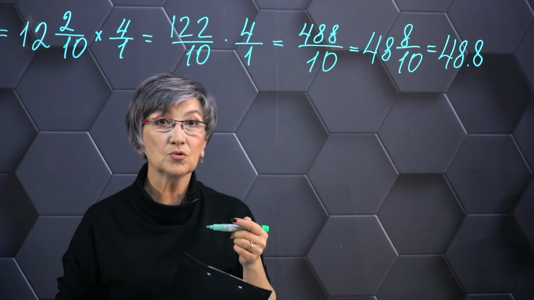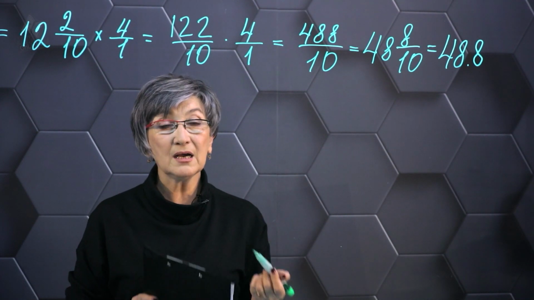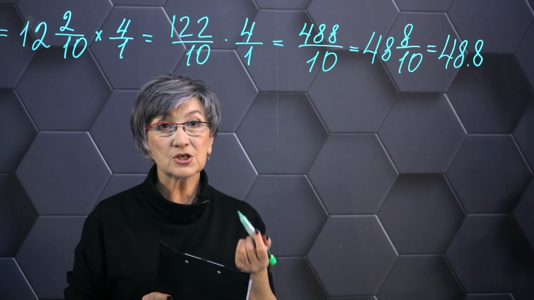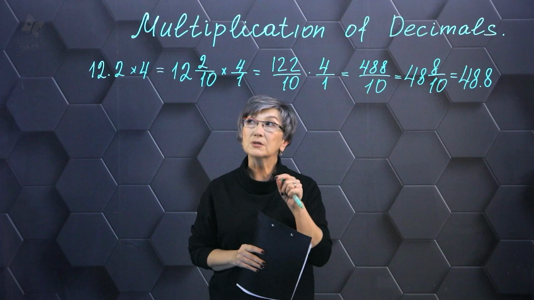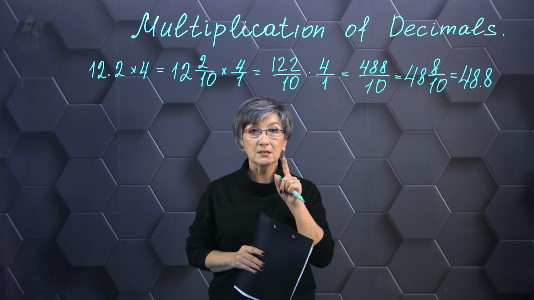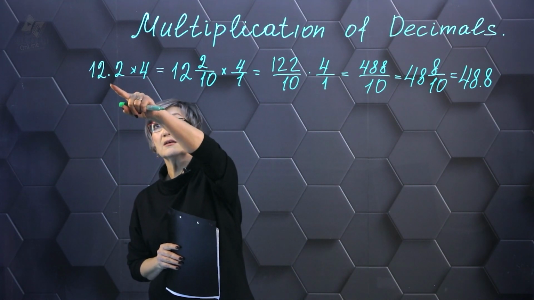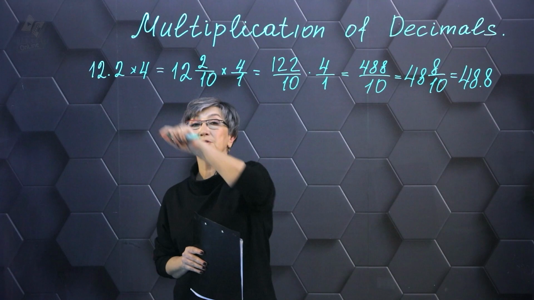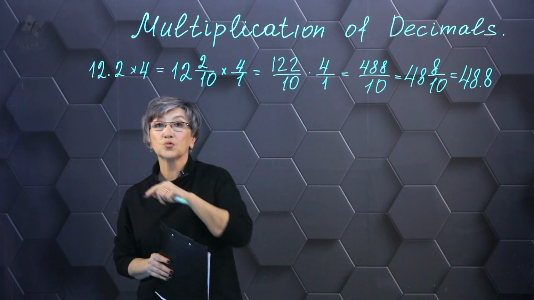What do you need to do that? Let's remember how to multiply ordinary natural numbers. These numbers are multiplied column-wise. Because in order to multiply a decimal fraction by a decimal fraction, or in our case, a number, we're going to ignore our dot.